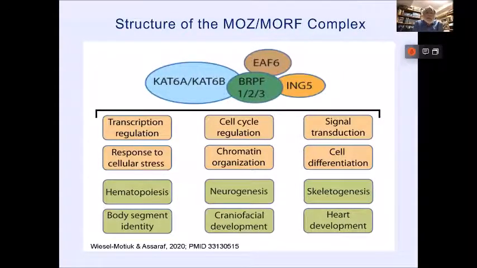So this is what Cat6a and Cat6b are. They are proteins, they are enzymes, and they attach acetyl groups and, as I said, other fatty acid type groups to proteins.